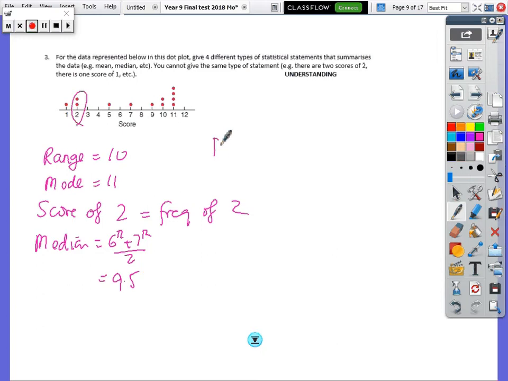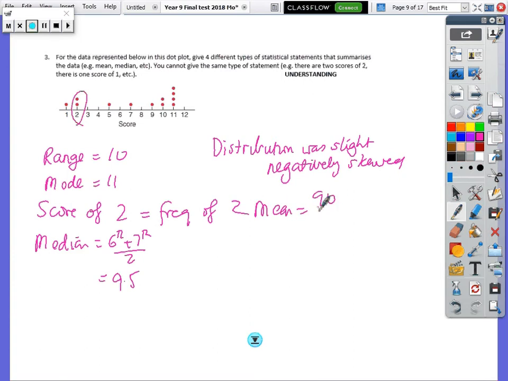You could have said that the distribution was slightly negative skewed. And you could have said that the mean was 90 divided by 12. So any one of those 4 statements you could have said.